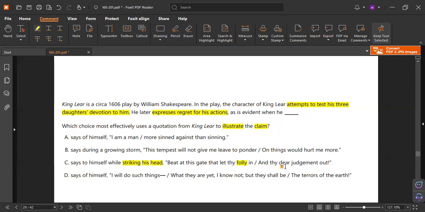And thy dear judgment out. That means your judgment is not clear. That's regret. Feel it? That's all. We saw here letter C expresses regret.